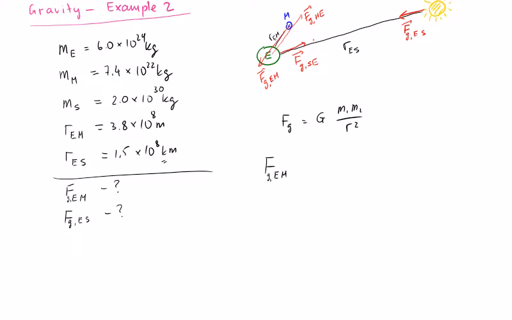F gravitational equals the universal gravitational constant times the mass of the Earth, times the mass of the moon, divided by the distance between Earth and the moon squared. Let's plug in the numbers. We have 6.67 times 10 to the negative 11 newtons times meter squared per kilogram squared.